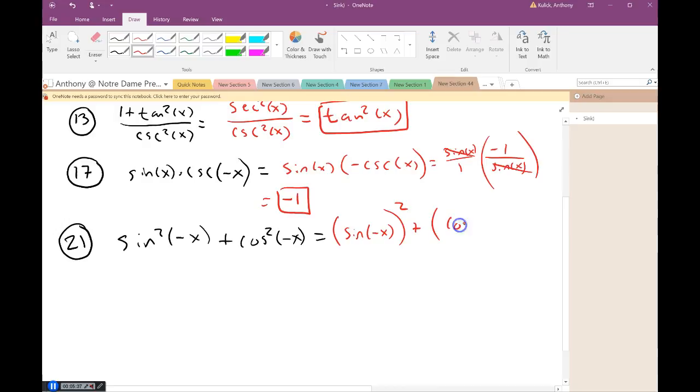Remember we talked about how, instead of writing them this way, we saved ourselves a parenthesis and wrote it like sine squared instead of sine of x quantity squared. So I'm going to go back to this notation because it makes it a little more clear what we're about to do. But at this point, now I would apply the odd-even properties.